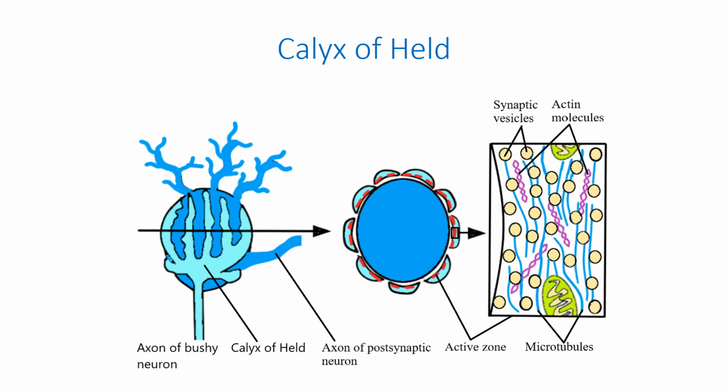The end bulbs of Held are also large but smaller than calyces of Held. Astrocytes and polydendrocytes are associated with calyces and end bulbs of Held. Large synapses guarantee quick and secure synaptic transmission and provide tight coupling between acoustic events and brain activity.